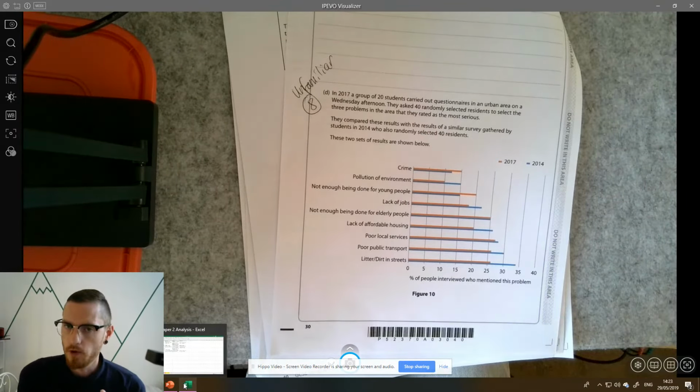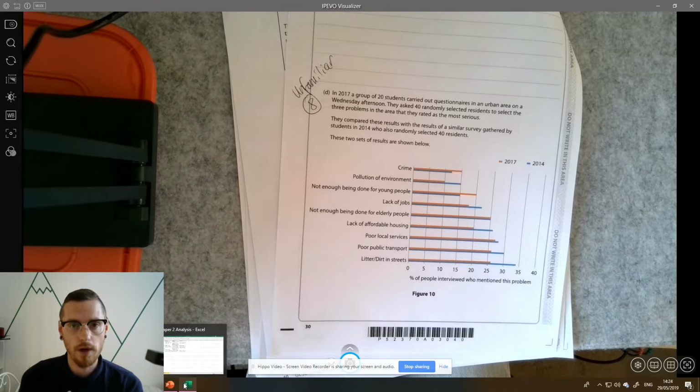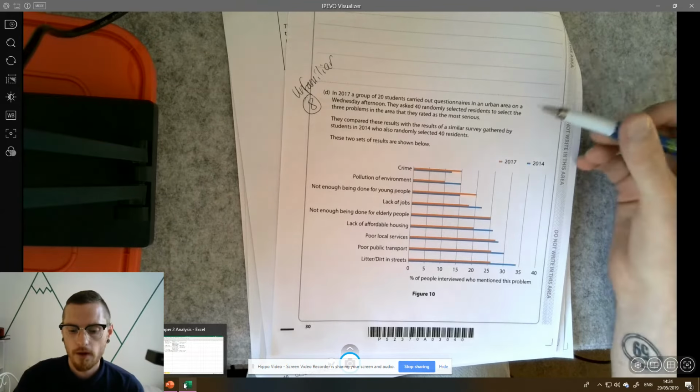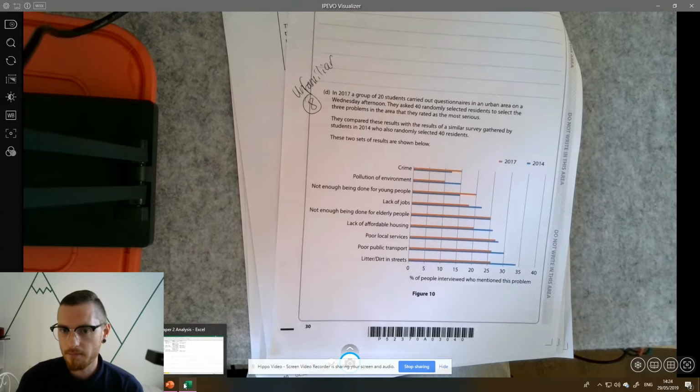With your own fieldwork, whether the 8 marker is making you assess or evaluate your results or your conclusions and evaluations, or the way that you collected data, or on the unfamiliar, if it's asking you to do the same to assess the conclusions and evaluations or the way they collected data or their results, then whatever it is, your familiar fieldwork or their unfamiliar fieldwork, what we need to do is to think about the following.